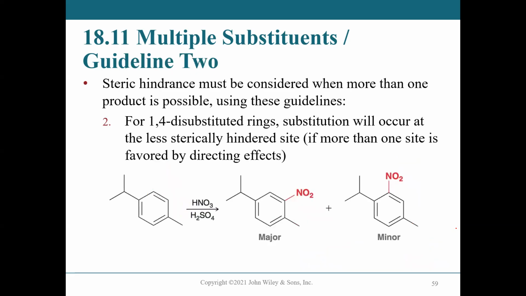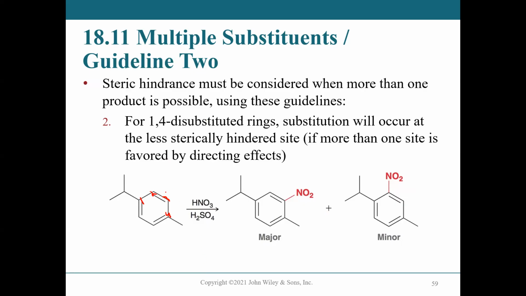The steric hindrance must be considered when more than one product is possible. So they give us another one. For the 1,4-disubstituted aromatic ring, the regiochemical outcome of this reaction is controlled by steric effects. So the nitration is most likely to occur at the site that is less sterically hindered.